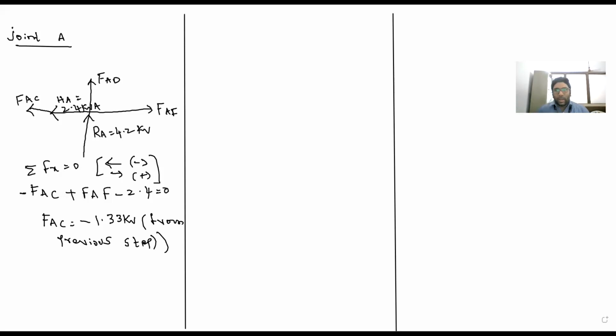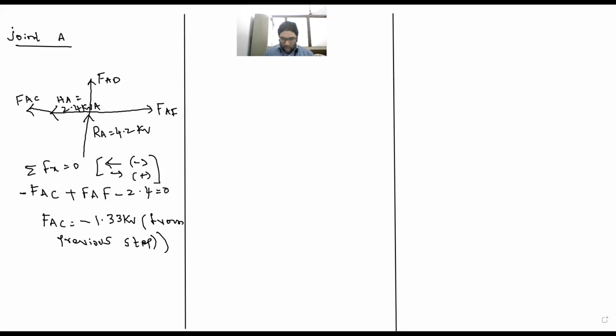Okay. Now what do we need? FAF. So you can see here, minus of minus 1.33 plus FAF is equal to 2.4. FAF is equal to 2.4 minus 1.33. That is equal to how much?